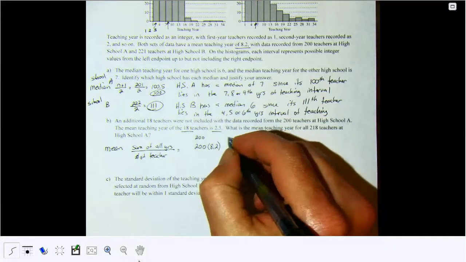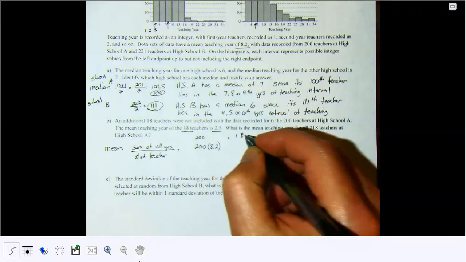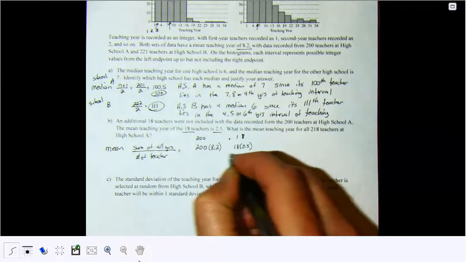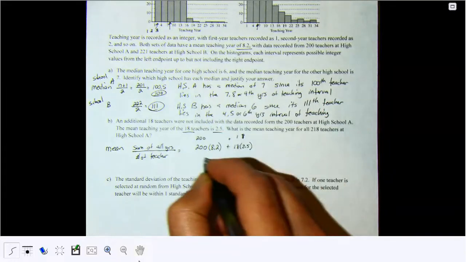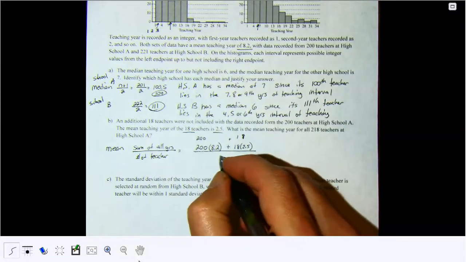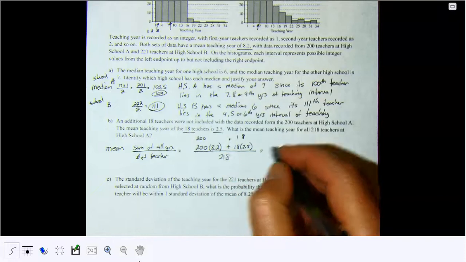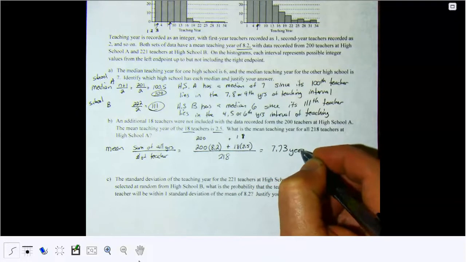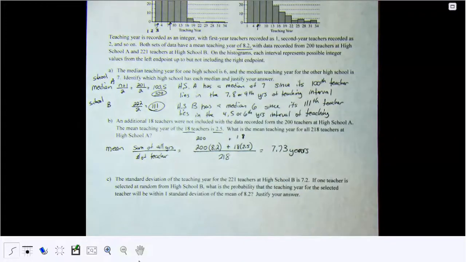But I also have another group of 18 teachers, and I have to figure out how many years they have taught. Well, we're going to take that 18 times 2.5, and that will get them covered, and we're going to add those together and divide that by the 218 teachers. So if we do that, we come out with 7.73 years. Okay, so again, that's where we're going to roll on that one.